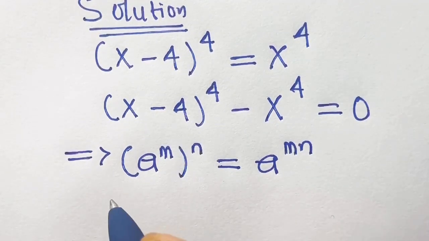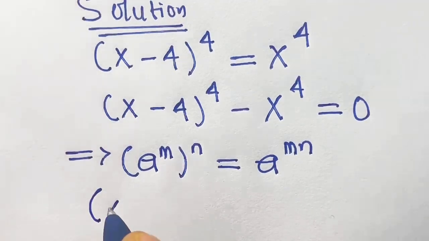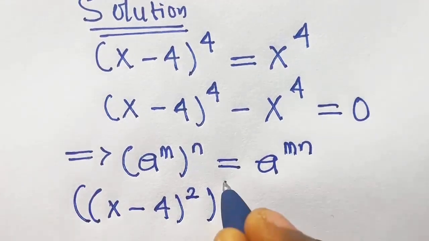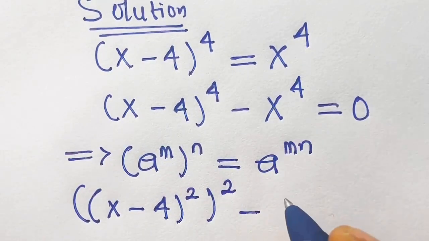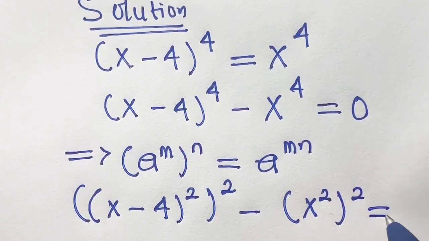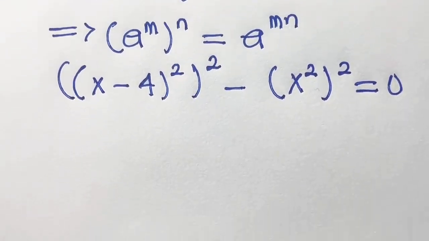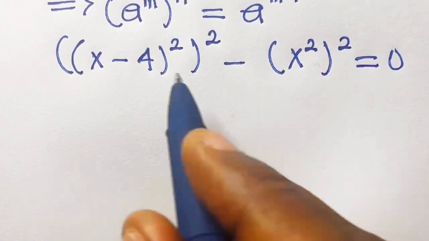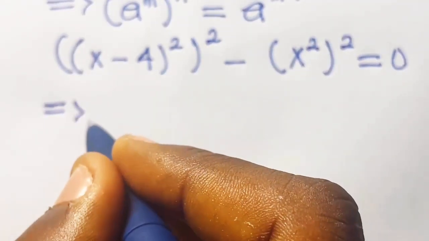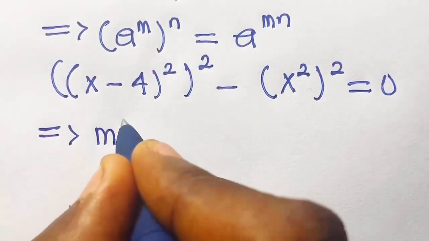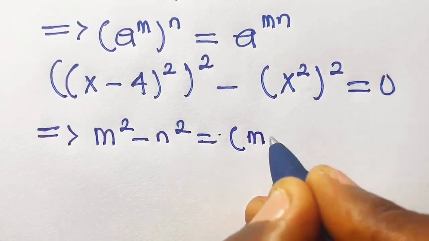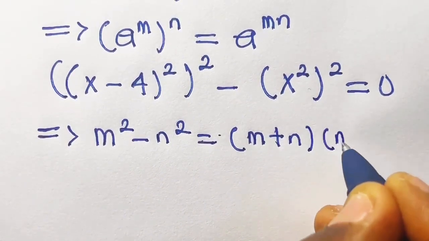That means we can express this as ((x − 4)^2)^2, and this as (x^2)^2. So you see that we have an expression of the form of a difference of two squares, which implies that m^2 − n^2 = (m + n)(m − n).